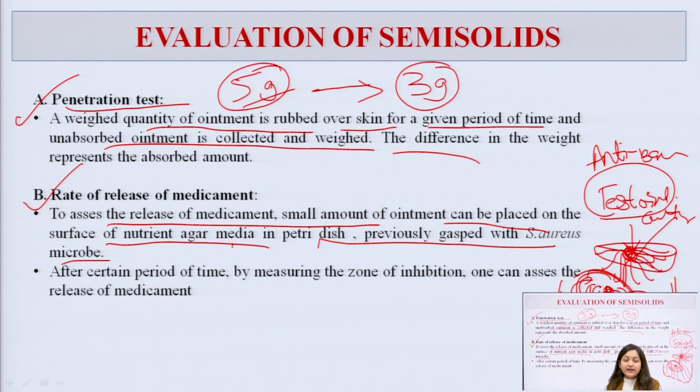In that nutrient plate we have already added the culture of S. aureus. Then after a certain period of time, by simply using a scale to measure the area up to which the zone of inhibition was formed, we can assess the rate of release of medicaments.